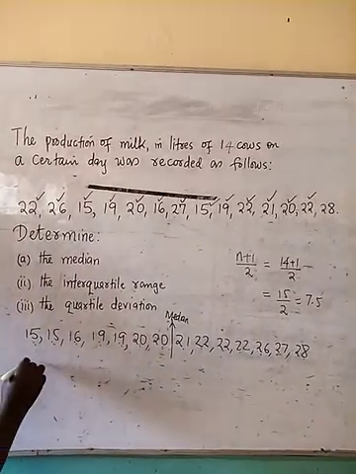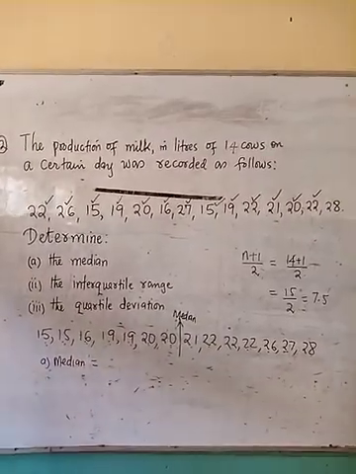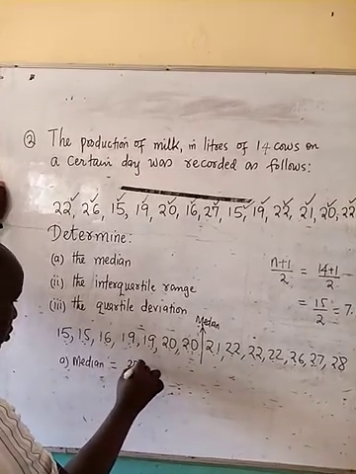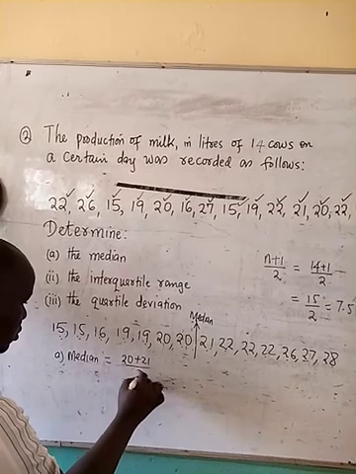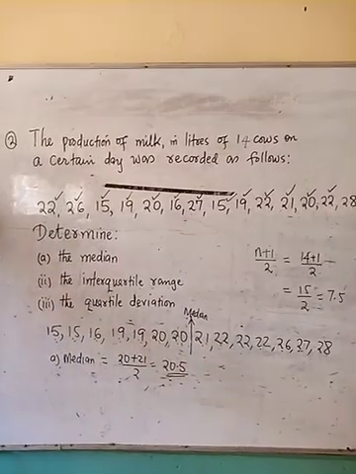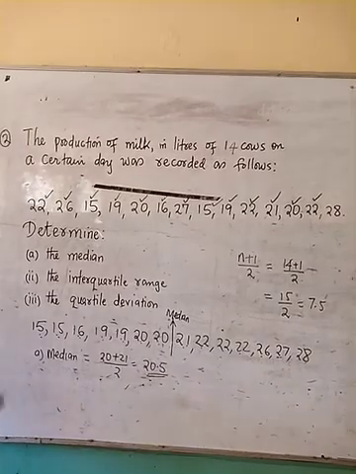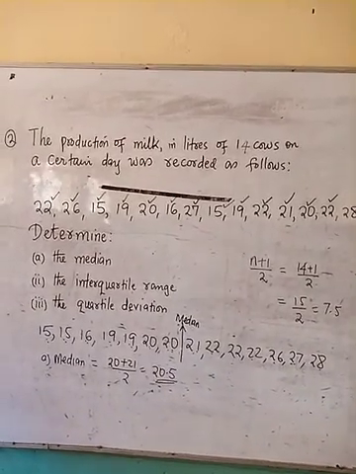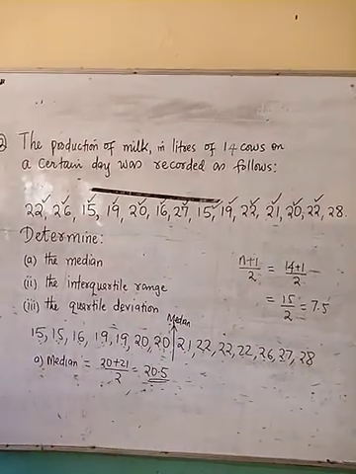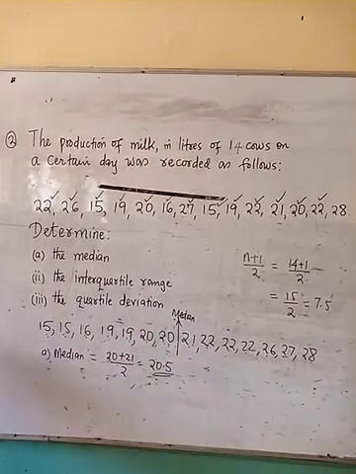So here we shall say that the median for this data is equal to 20 plus 21 divided by 2. The median is 20.5. Remember that this data is even, and if it is even, then the median will be lying between two numbers, the 7th and the 8th. That is why we are adding the two and dividing by 2 to get the median.